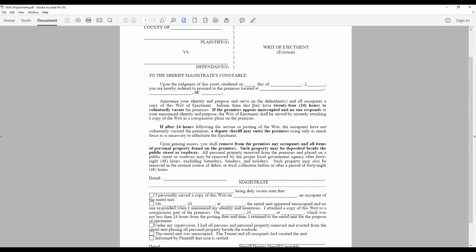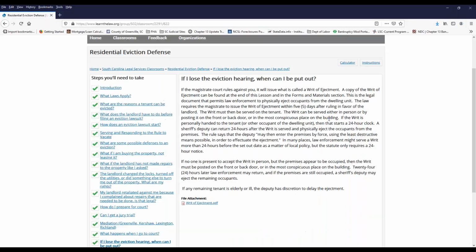It basically says that you have 24 hours to voluntarily vacate the premises. And if the premises are not unoccupied after 24 hours, a deputy sheriff may enter the premises using only the force necessary to effectuate the ejectment. This is also the order that allows law enforcement to conduct a set out.